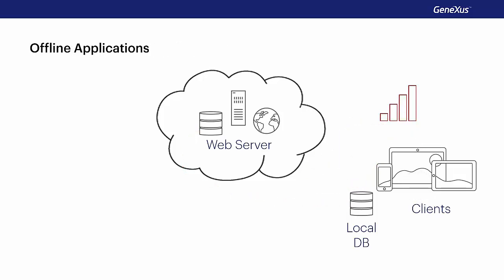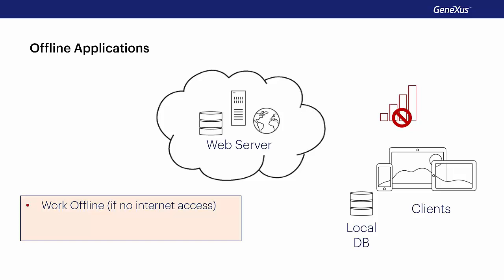Now, let's talk about applications that can work completely disconnected from the internet. In the first case, when the connection is reestablished, synchronization with the central database takes place. In the second case, we may not be interested in running the app's synchronization because we want it to be completely independent from the data on the server.